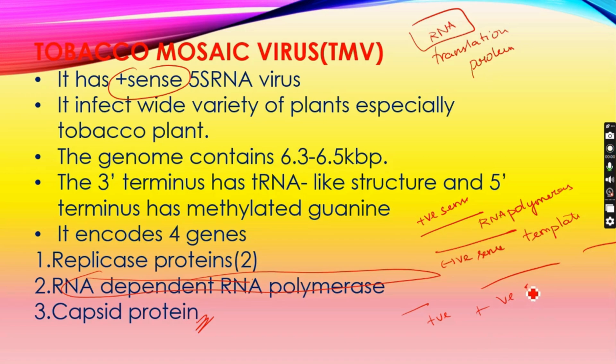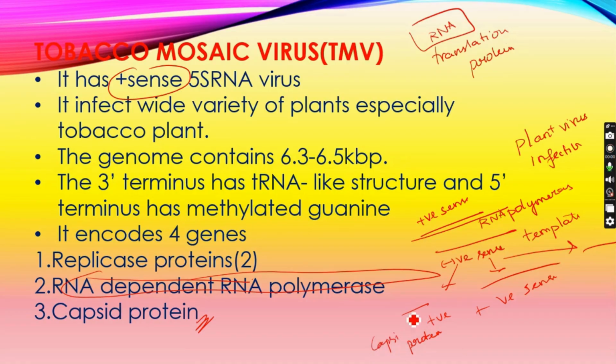When more positive sense is created inside the plant after infection by the TMV virus, the positive sense creates negative sense, which creates more positive sense. More positive sense expresses its proteins, including capsid proteins, using the host machinery. Then the proteins are assembled into capsids and create new TMV viruses.